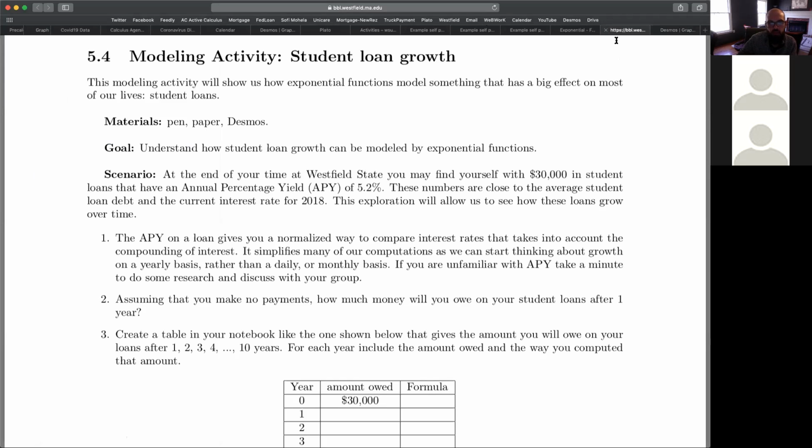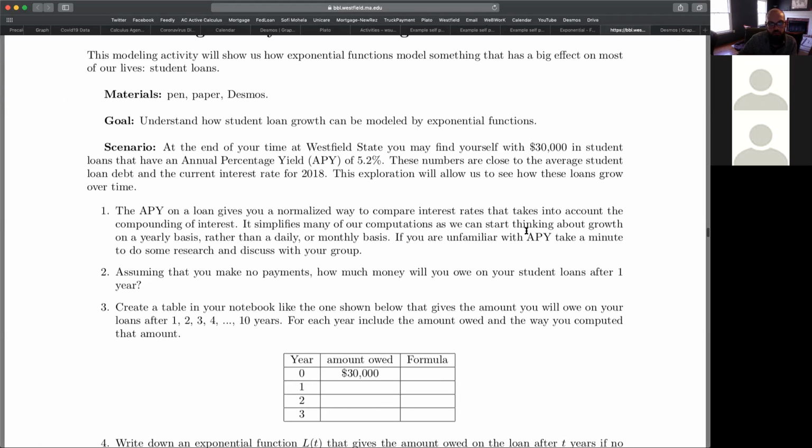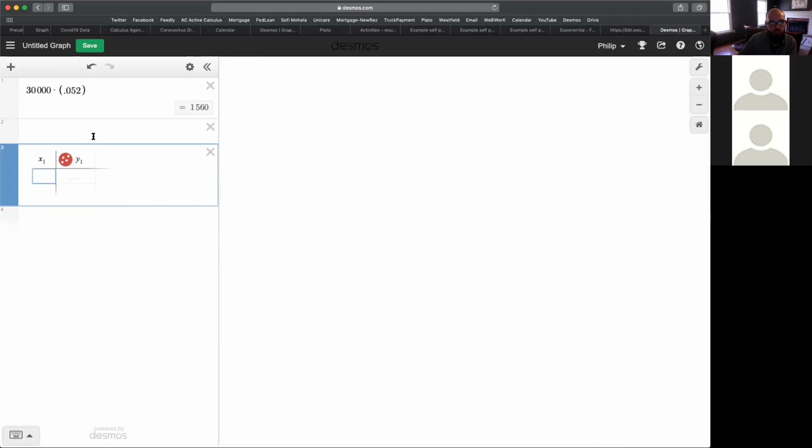What would be the total amount that we owed? 31,560. Yeah, so at year 0, we owed 30,000. Desmos doesn't like commas. And then we'd have 31,560, so we'd have something like this.